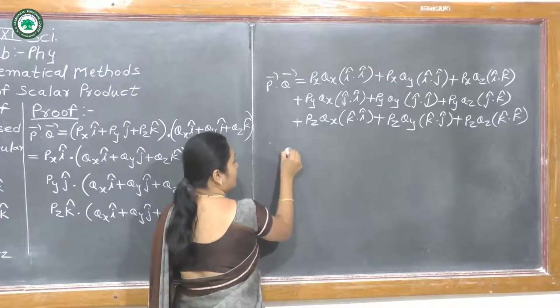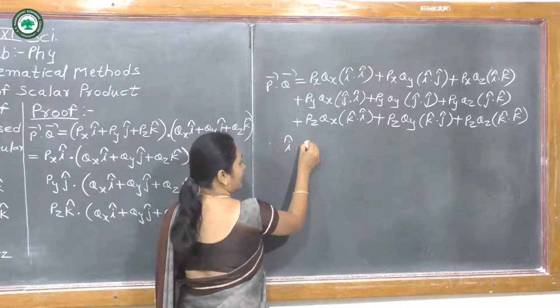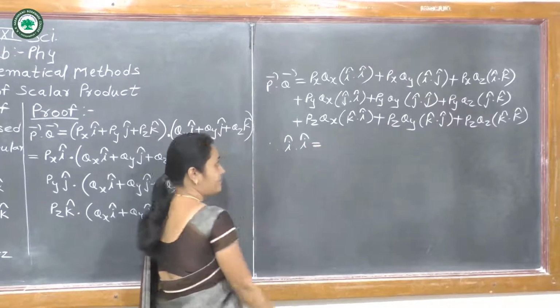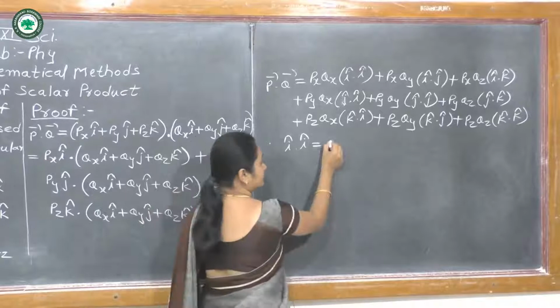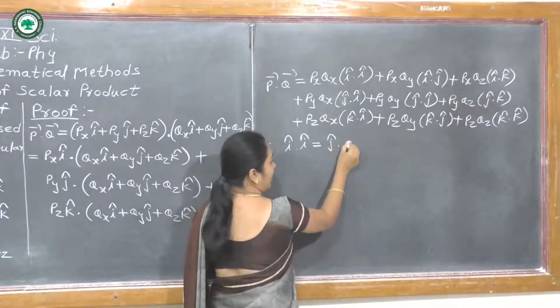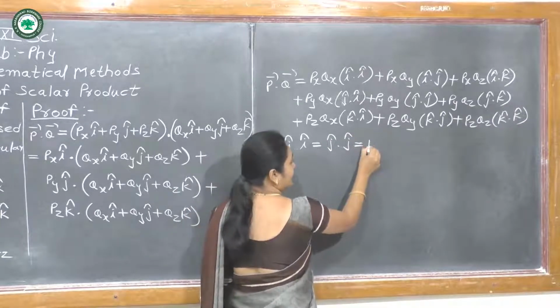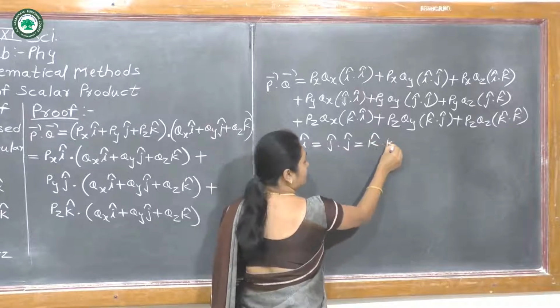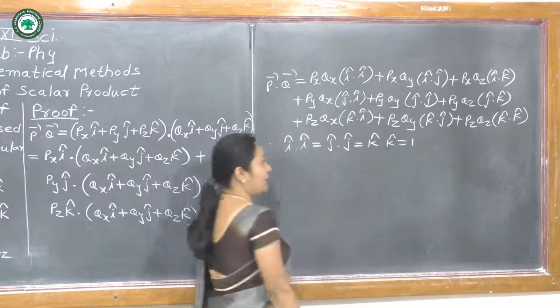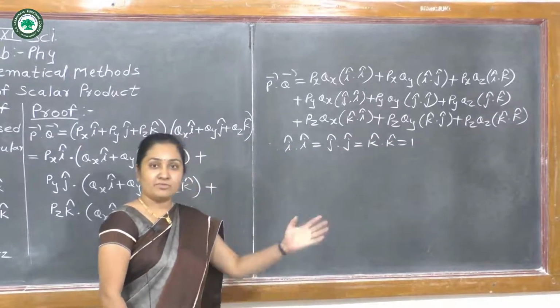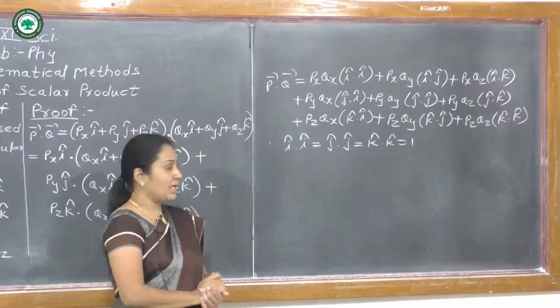so therefore i cap dot i cap is equal to j cap dot j cap is equal to k cap dot k cap is equal to 1.